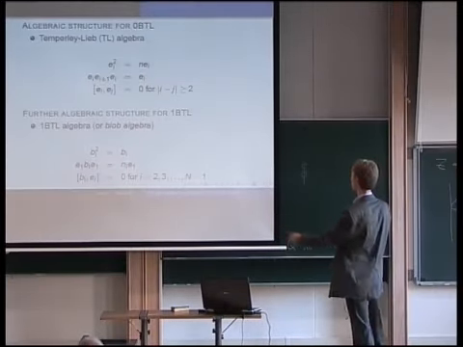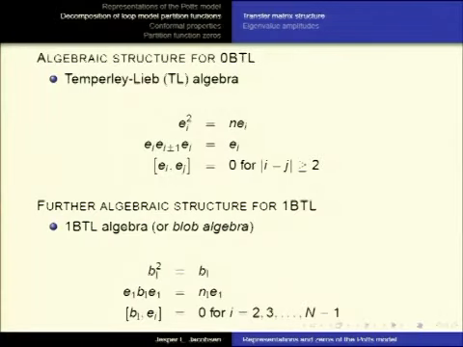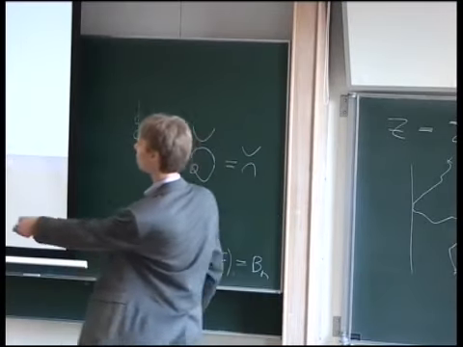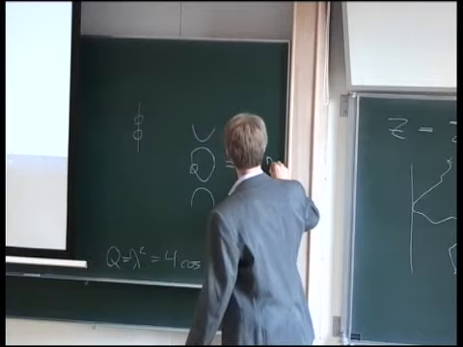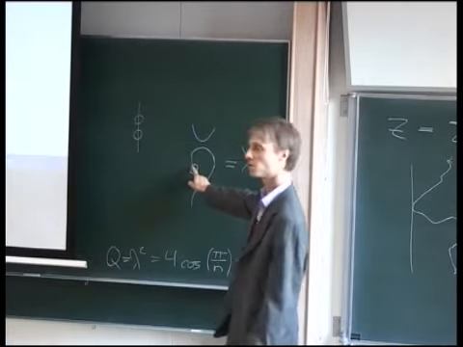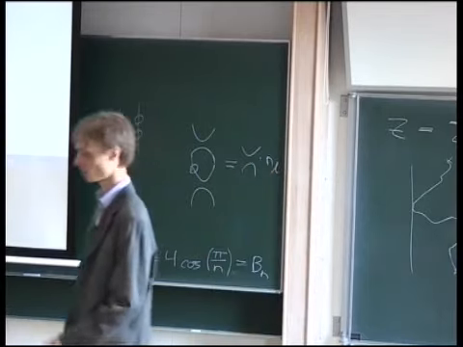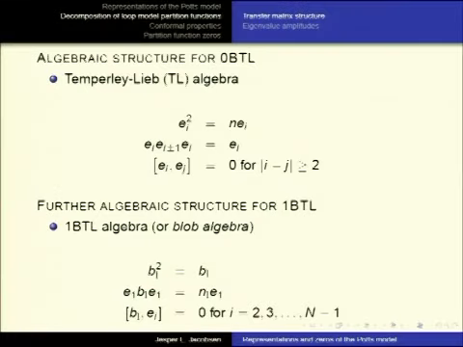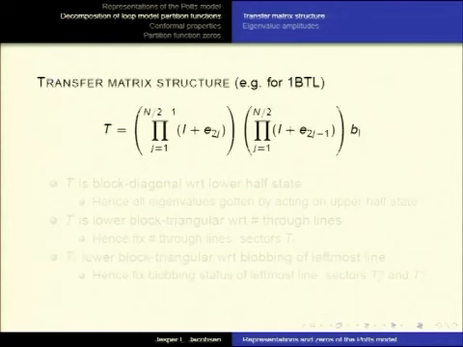Then there's a small relation here saying that if I do E1, then I see the boundary and I do E1 again. That's the same thing as E1 times not N, but NL, because this loop here has seen the left boundary. So there's an algebraic structure behind that, and there's another algebraic structure in the 2-boundary case, which I don't want to write.